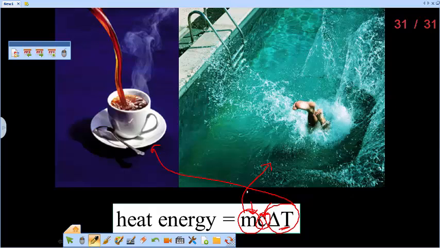So when we do these calculations, we've got to understand what this C means, this specific heat capacity. Both the coffee and the swimming pool are mostly water, so that would be pretty consistent. But the large mass of water here would definitely give you more heat energy stored in that swimming pool.